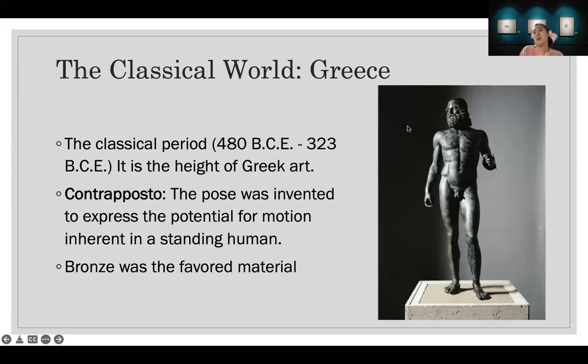This is called a contrapposto pose, to express the potential for motion inherent in a standing human. Bronze was the favored material for freestanding sculpture in ancient Greece because it's much more flexible than marble to create this natural pose.